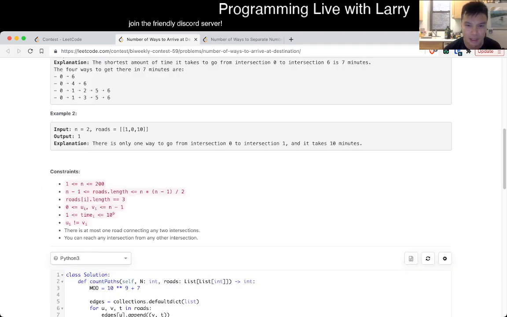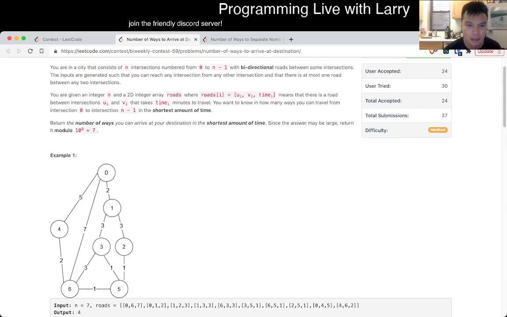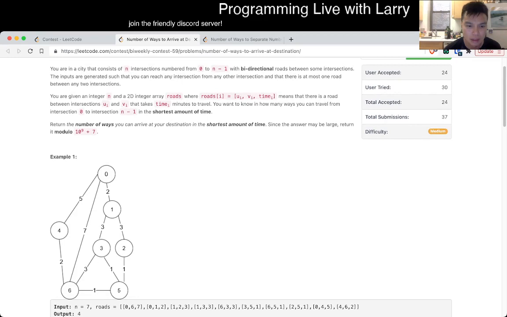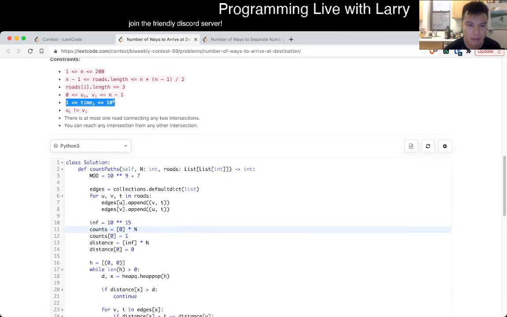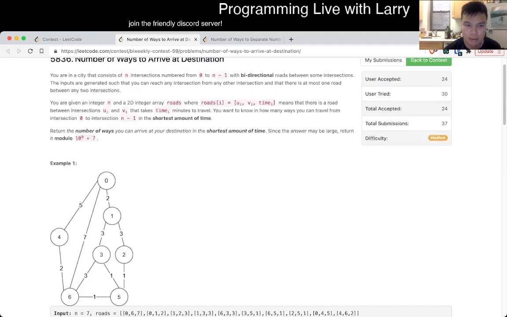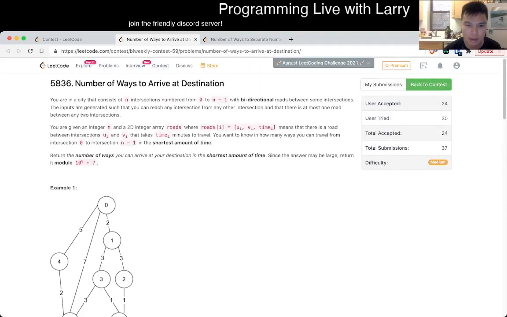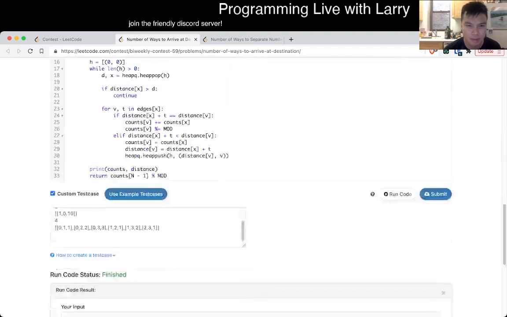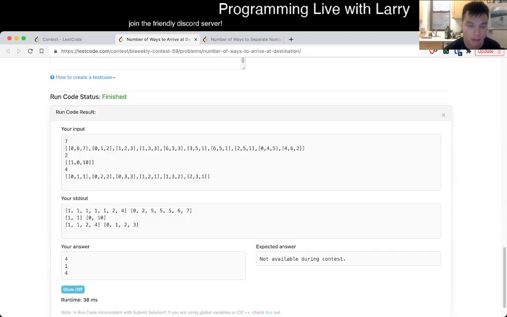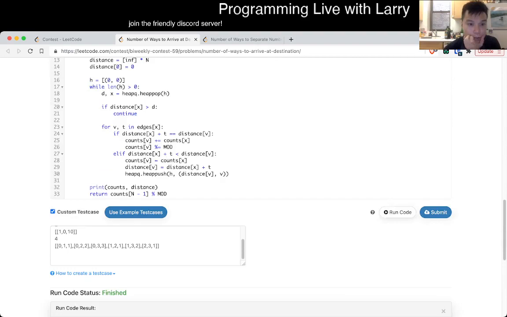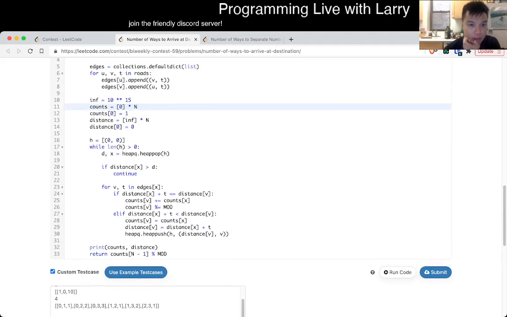In test cases, time is always non-zero. So that's good. I don't even know how to debug this. This is so close.